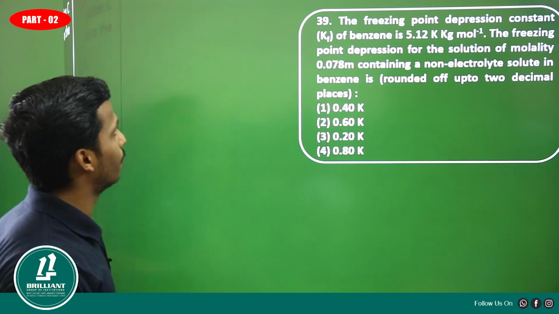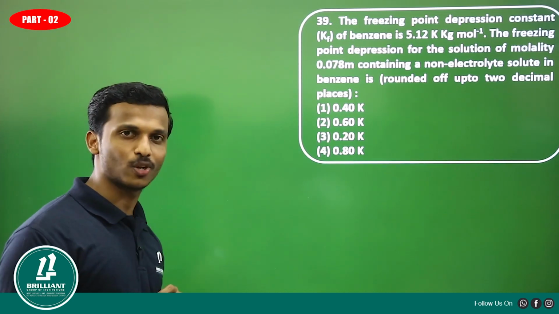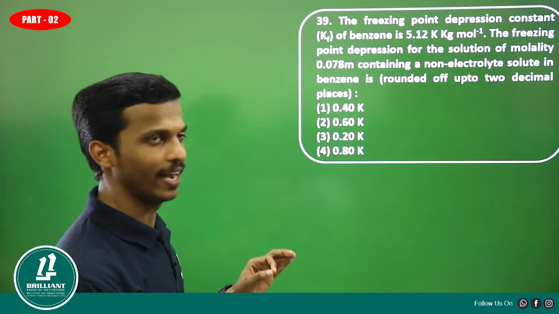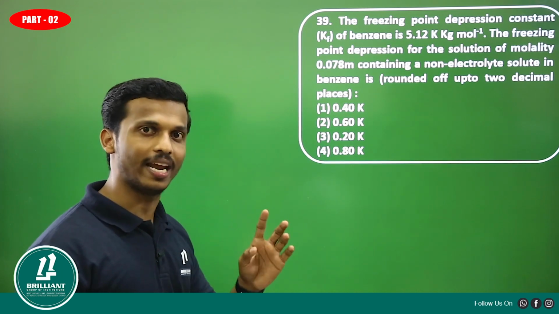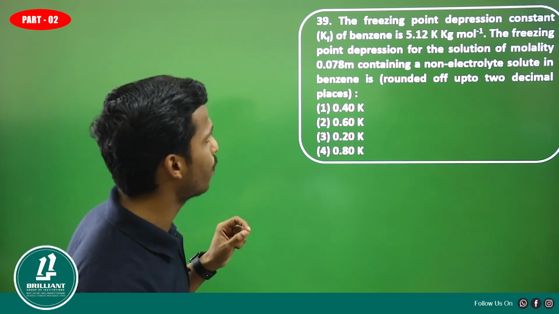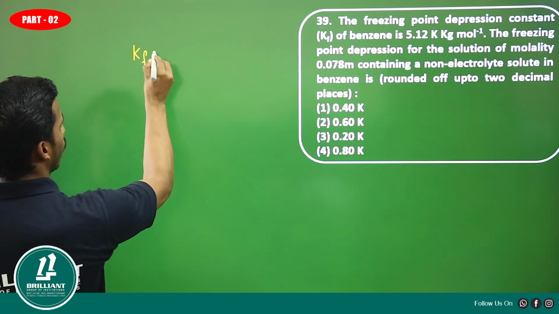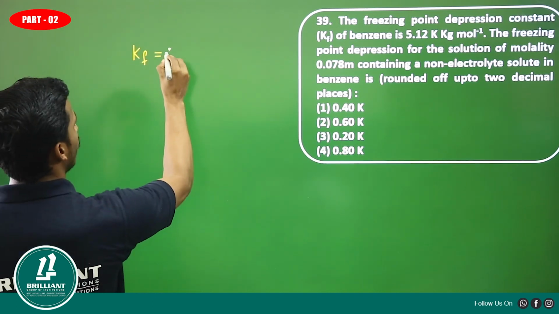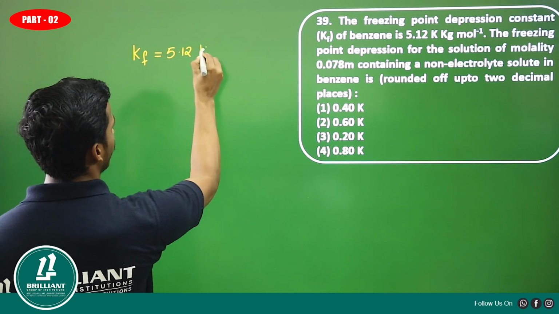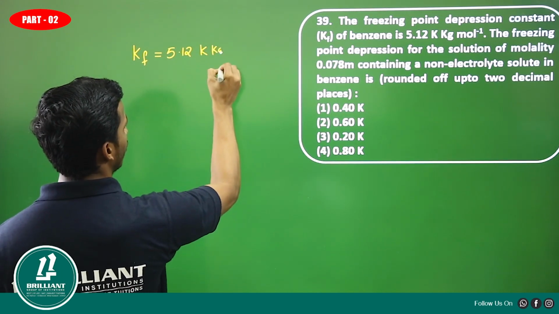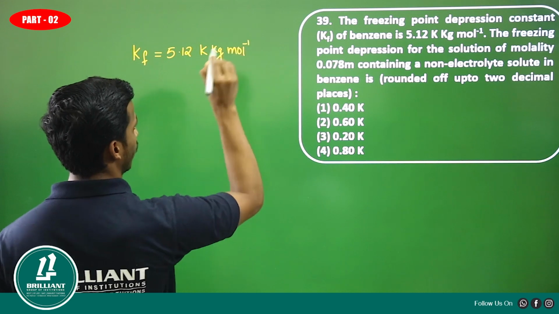Yes, let's go to question number 39. Simple question. Freezing point. Which chapter? Solutions, grade 12. The freezing point depression constant. Student, Kf value is already given to you. How much? 5.12. What is the unit of Kf? Kelvin kilogram mole inverse. Okay, fine.